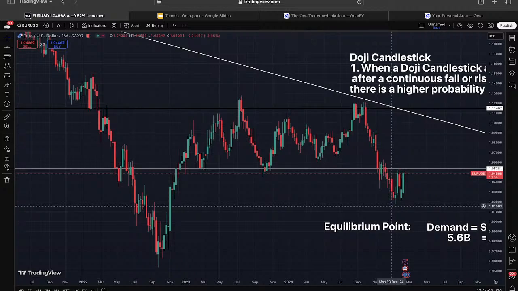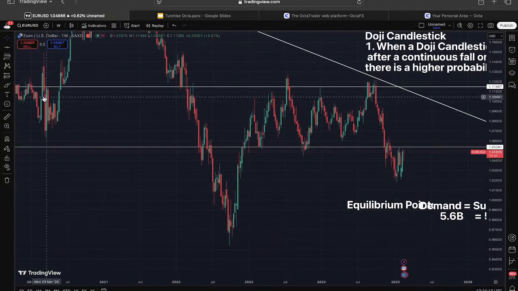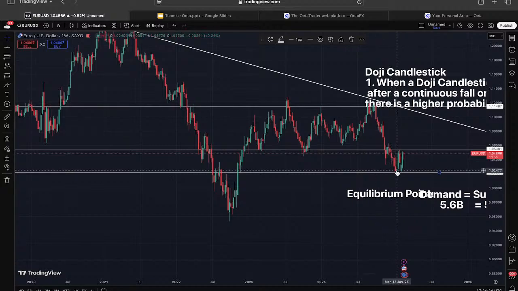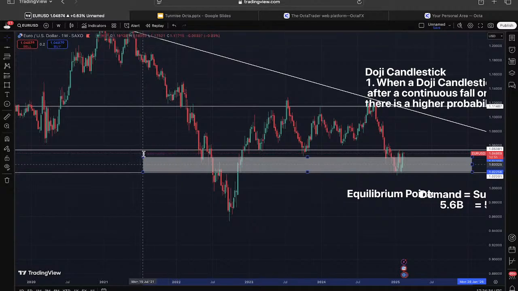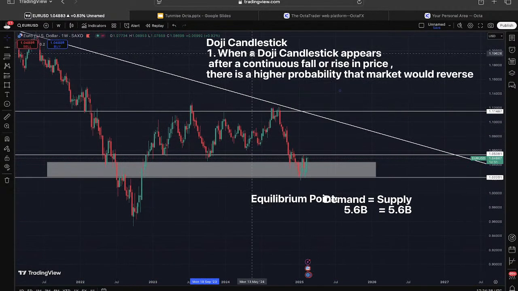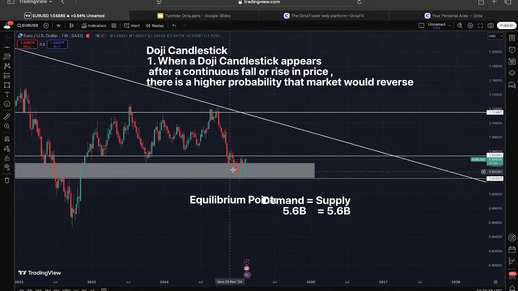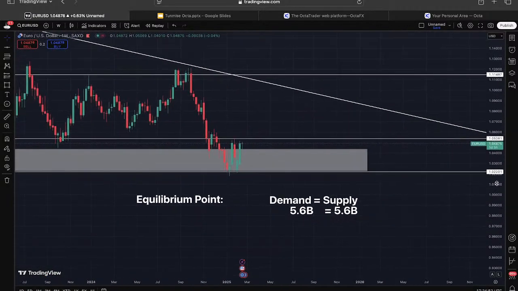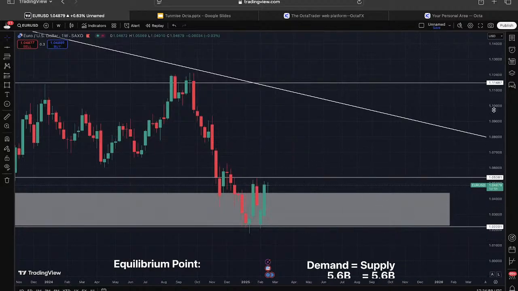There has been consolidation in the markets in this region, and we can see that the market is pushing back up.